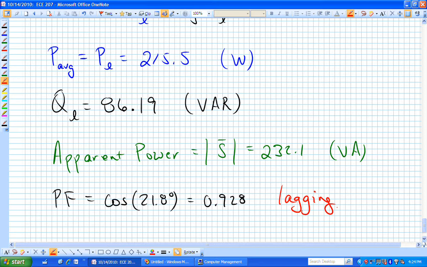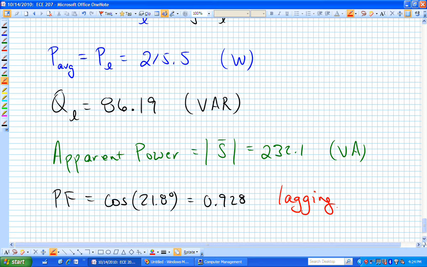Theta would have to be negative, for instance. Theta would need to be going down or negative to have a leading power factor. But if you take the cosine of that negative angle, that wipes out that information. So if somebody just gives you the number 0.928 and says your power factor is 0.928, you don't know whether it's leading or lagging without that additional piece of information.